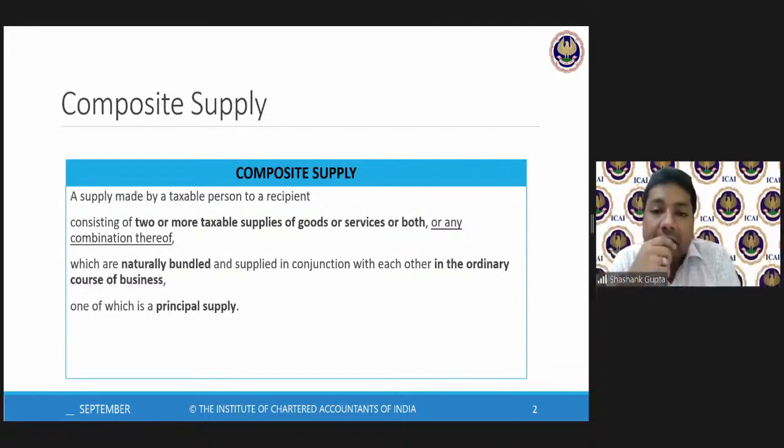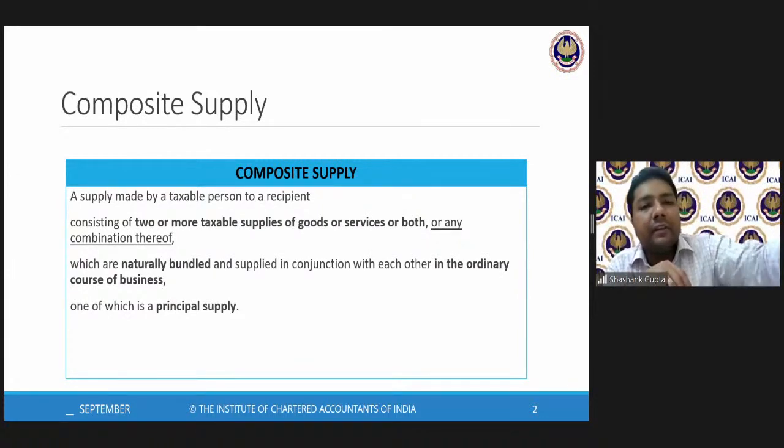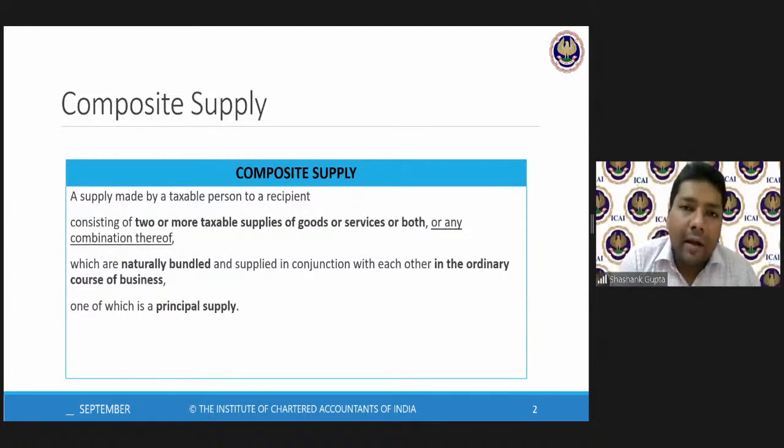Now what this man says is, okay, he reads composite supply. He says 2 or more taxable supply of goods. And he decides that, okay, I will bundle these supplies. And this bottle is only liable to tax at the rate of 12%. I'll charge 5 crore rupees, and I charge tax at the rate of 12%. That this bottle I'm giving you for 5 crore rupees. Will the government allow this? Never.